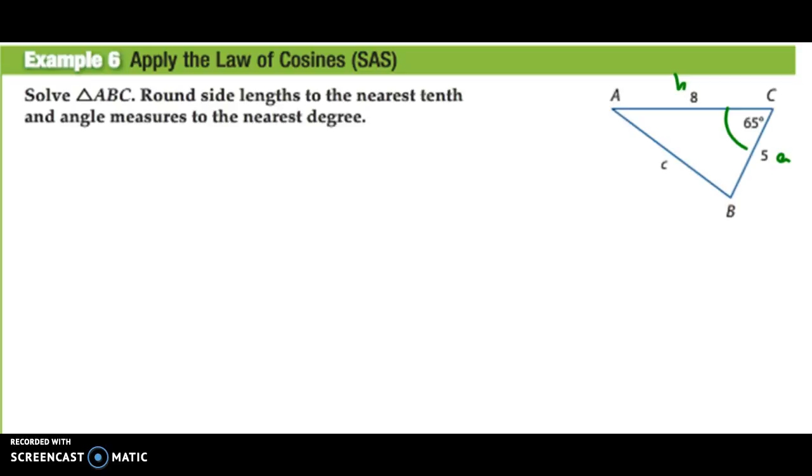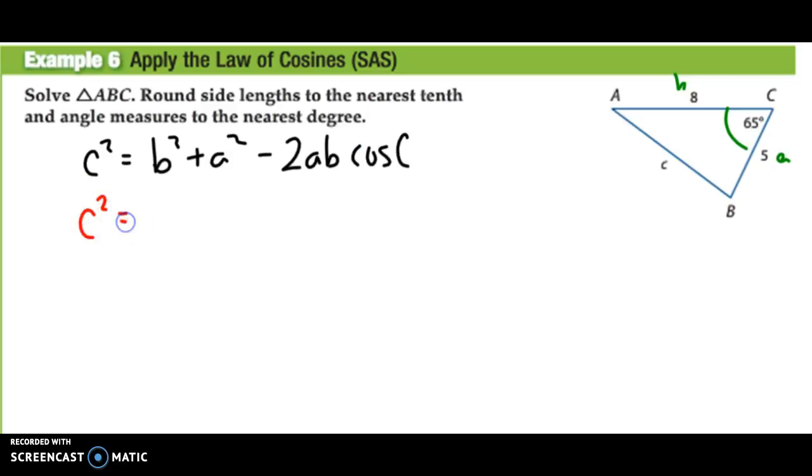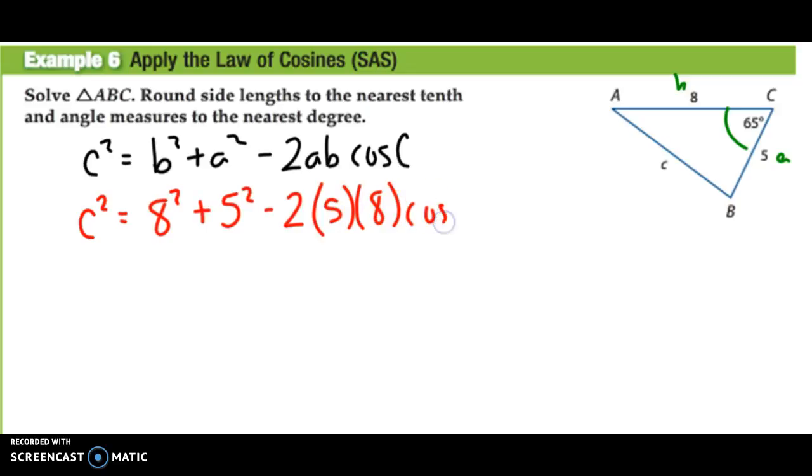So I'm looking for c. c squared is equal to b squared plus a squared, or a squared plus b squared, minus 2 times a times b cosine of C. Plug in the numbers I know: b is 8 squared, a is 5 squared, and I have 2 times 5 times 8 times cosine of 65 degrees.